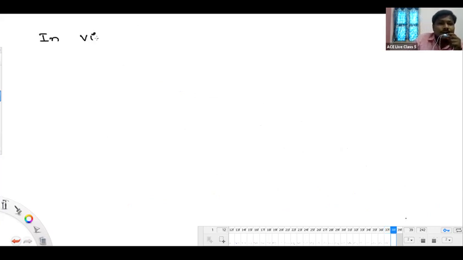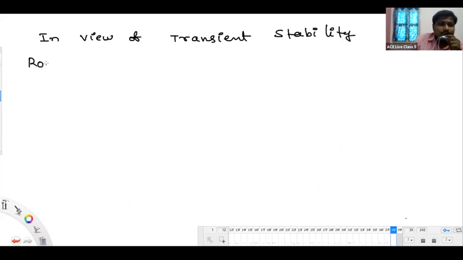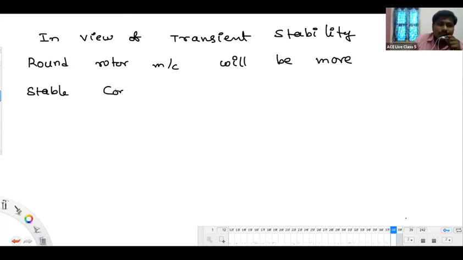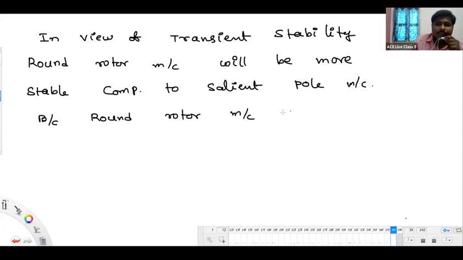In view of transient stability, round rotor machine will be more stable compared to salient pole machine, because round rotor machine will have high moment of inertia.